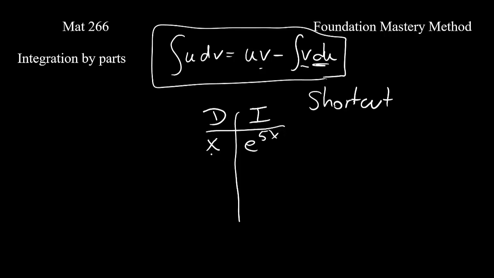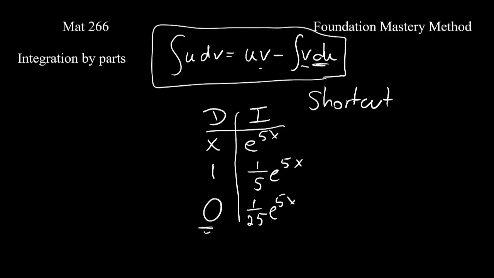Now we take the derivative in this column, so the derivative of x is 1, and in this column we integrate, so the integral of e to the 5x with respect to x is 1/5 e to the 5x. And now we're going to do this again. The derivative of 1, it's a constant, is 0. And when we integrate this, we'll have 1/25 e to the 5x.